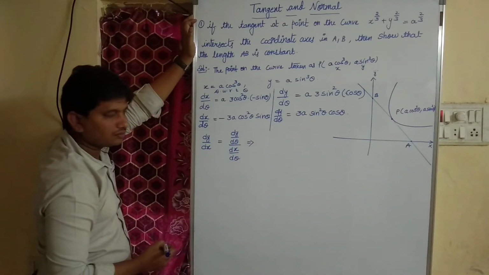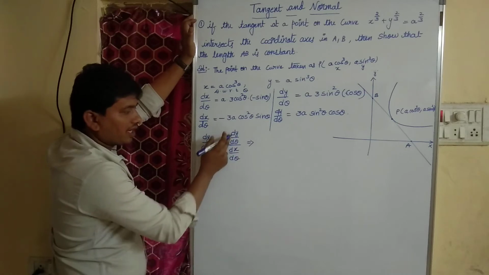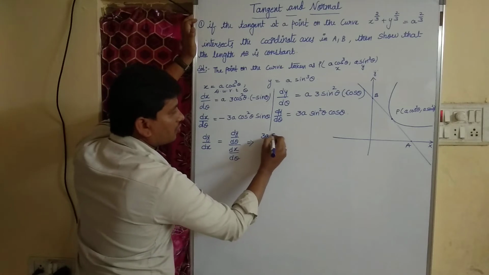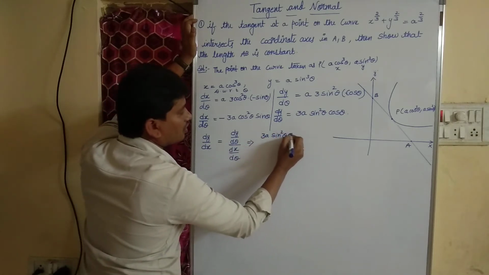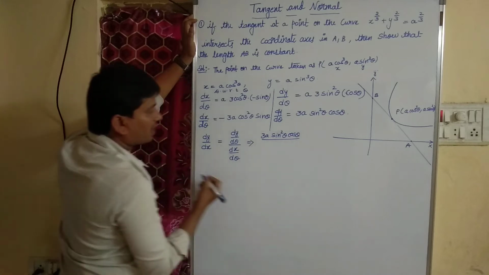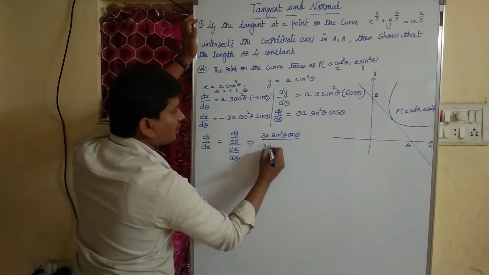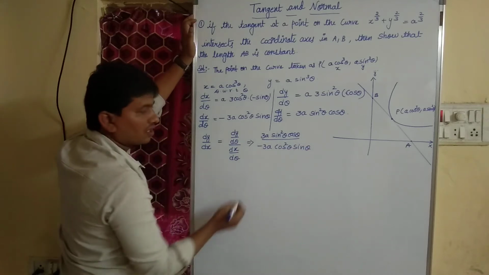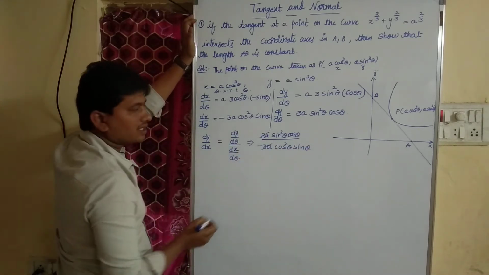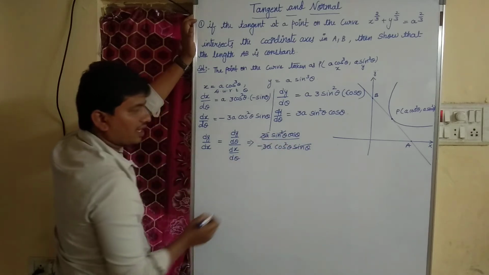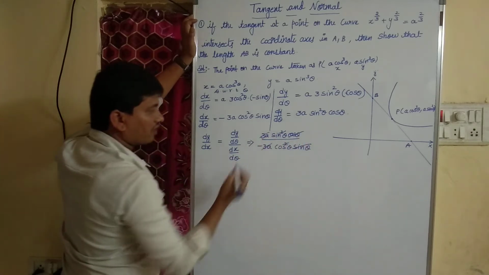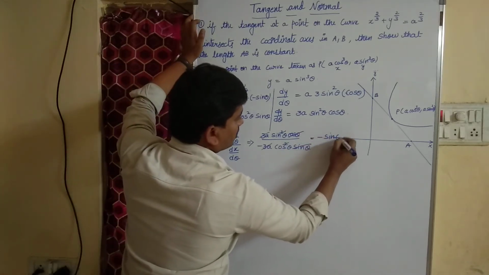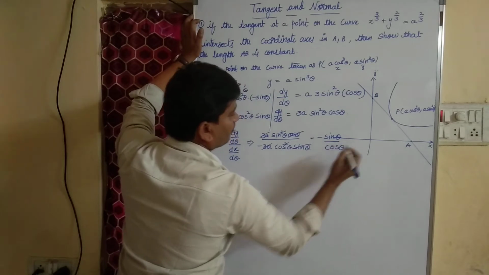As d theta cancels, again you will get dy by dx only. dy by d theta is 3a sin square theta cos theta divided by minus 3a cos square theta sin theta. 3a gets cancelled, 1 sin theta cancels, 1 cos theta cancels. That is minus sin theta by cos theta.